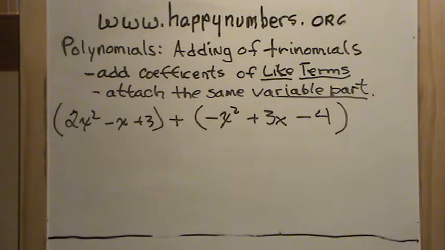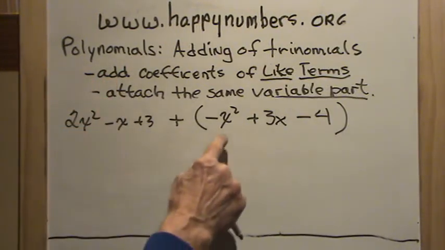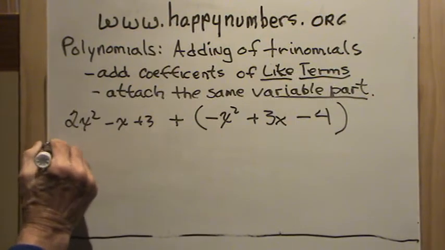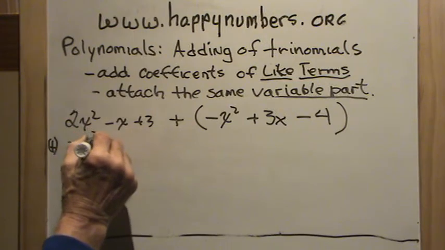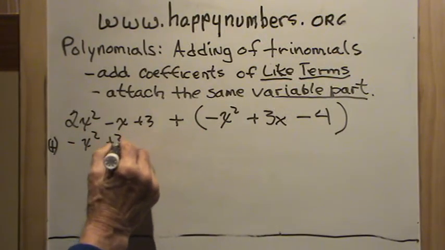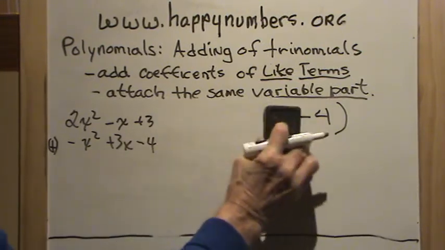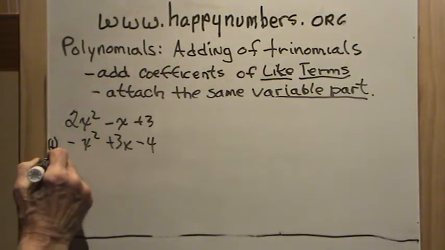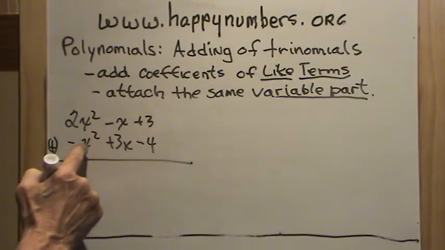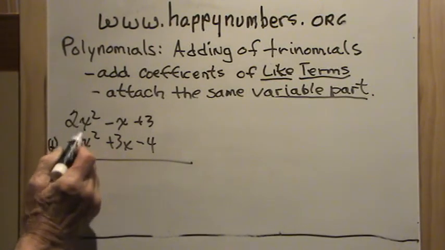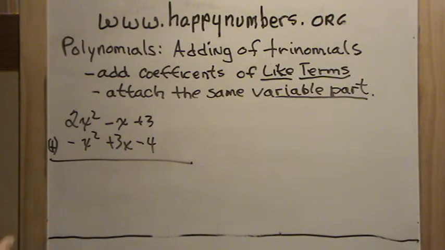All right. Well, what we would want to do here is just rewrite the problem. So we're adding here a negative x squared, positive 3x, and a negative 4. So I can erase this side. We've just rewritten the problem. We have a trinomial, 1 term, 2 terms, 3 terms, 1 term, 2 terms, 3 terms. Our variable parts are the same in all of them, so they're like terms, so we can combine our coefficients.